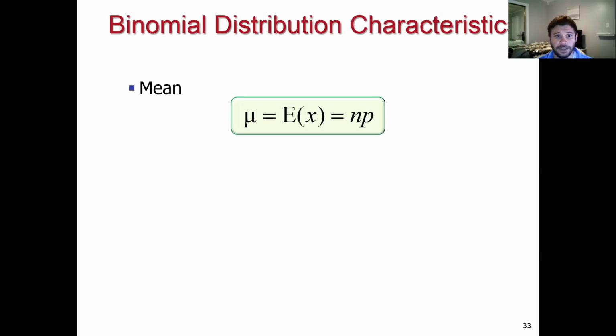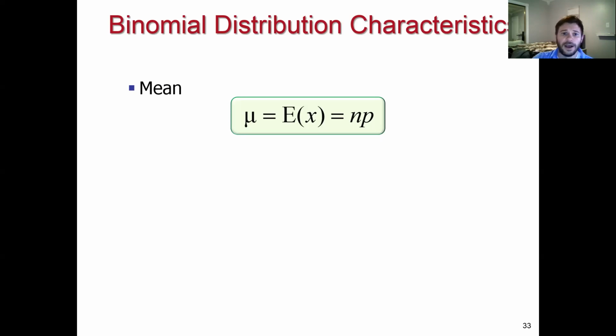If we wanted to know on average, how many questions would you get right if you answered all 100 of them this way, then the way we can calculate that is by taking n, the total number of questions, the total number of trials, and multiplying it by p, the probability of success on a given trial. So if I had 100 questions times a 25% chance of success, that would tell me I would be getting 25 questions right.